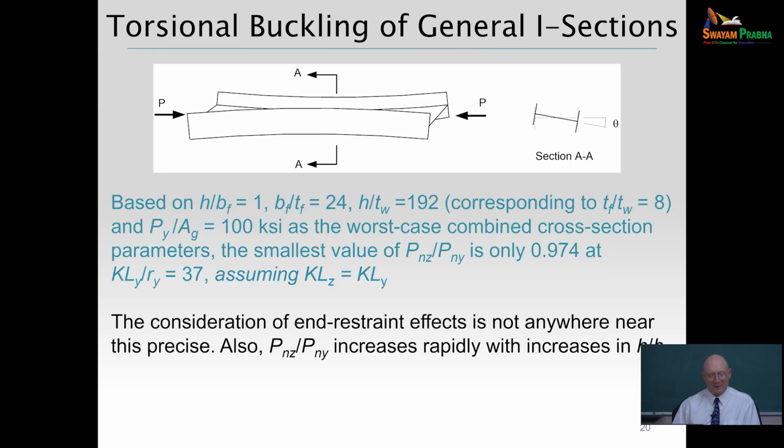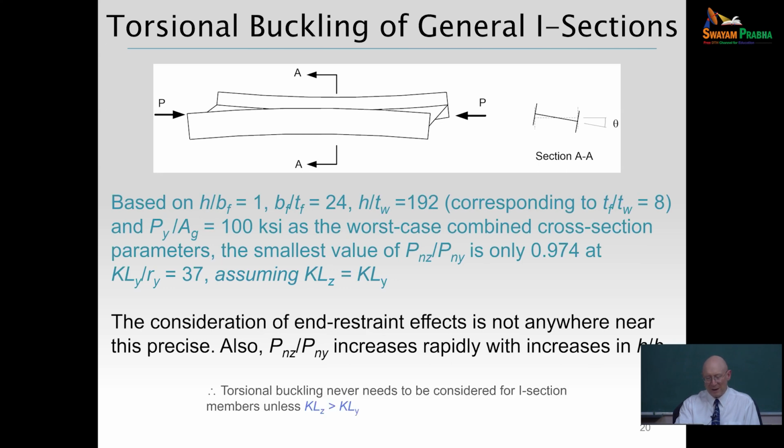Well, that's getting awfully close to 1. The consideration of end restraint effects really is nowhere near that precise. PNZ over PNY increases very quickly with increases in H over BF if you are looking at other sections.